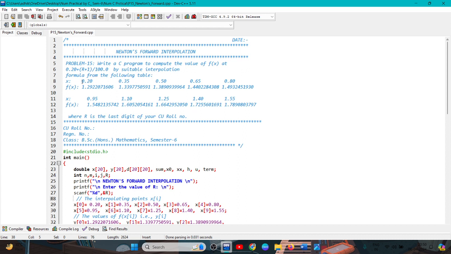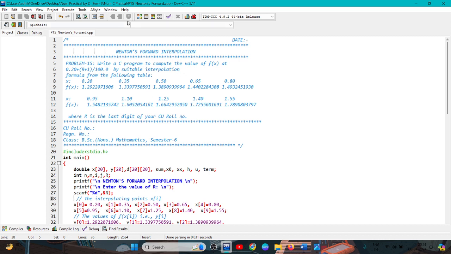Here x equals 0.2, 0.35, 0.50, 0.65, 0.80, 0.95, 1.10, 1.25, 1.40, 1.55, and the corresponding f(x) are given by this, where r is the last digit of your serial number. Note that the difference x1 minus x0 is equal to 0.15, and this is the constant step length for all x, equispaced.